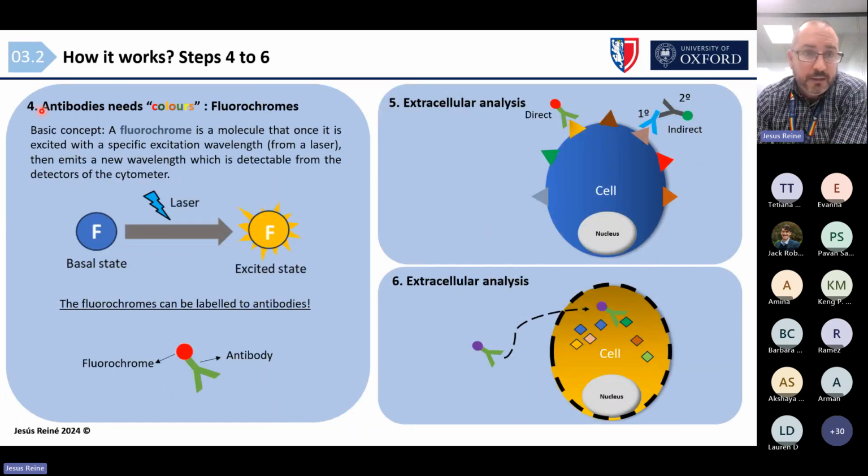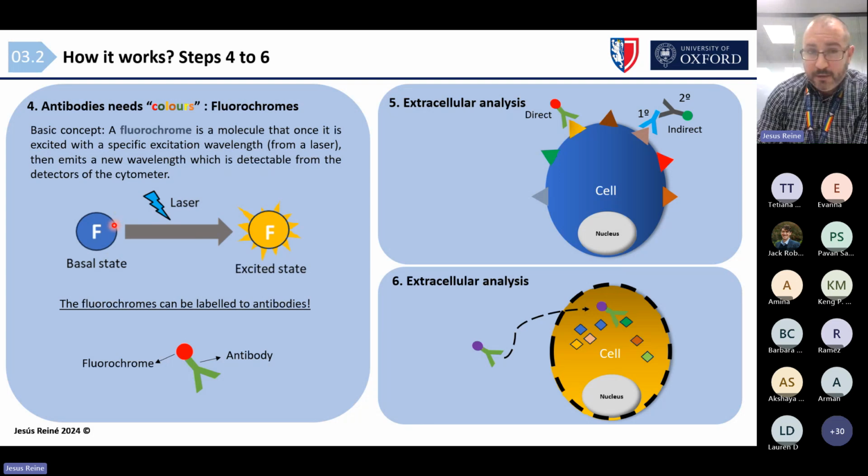To do that, we need colors to be labeled to these antibodies. These colors are called fluorochromes. A fluorochrome is basically a molecule that when it's excited, the electrons inside of the molecule are going to go to a higher level of energy. And when these electrons come back to the basal state of energy, they emit energy, which is detected with a specific wavelength.